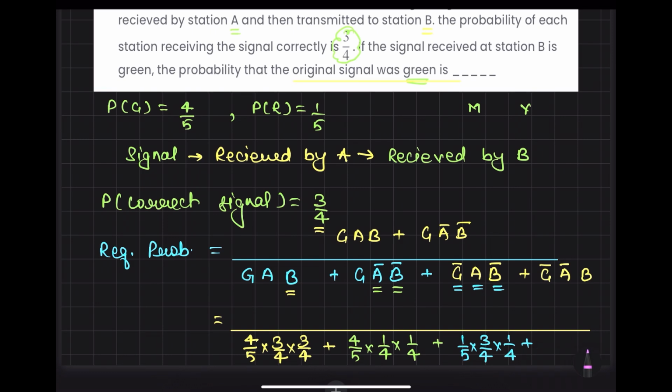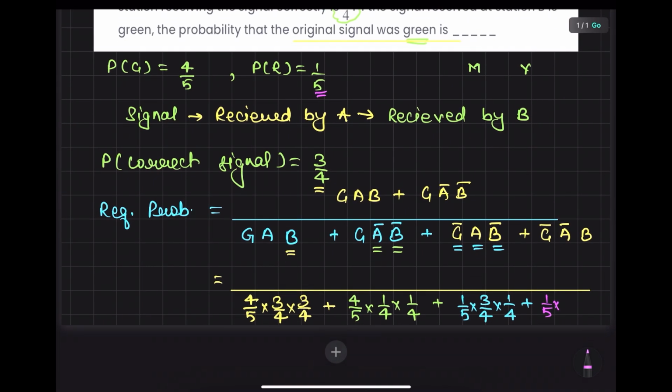Now look at this. Not green. Not green means what? Red. So what is the probability of getting red? It is 1 by 5. Then wrong signal received by A. Correct signal is 3 by 4, so wrong signal is 1 by 4. Now correct signal by B. So it is 3 by 4.